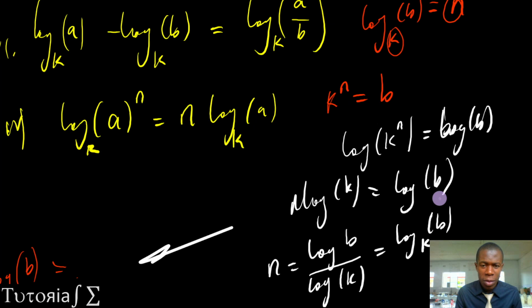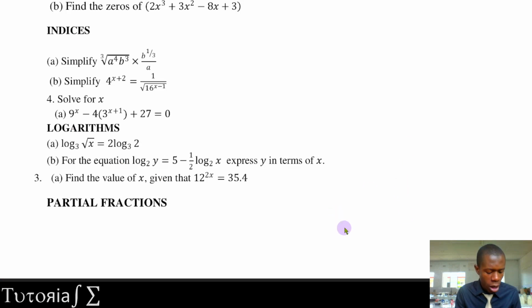So from here, let's look at some examples and see how we can work around them. All right. For all of these questions, you are asked to find the value of x, except for question 2 that asks you to make y subject of a formula.